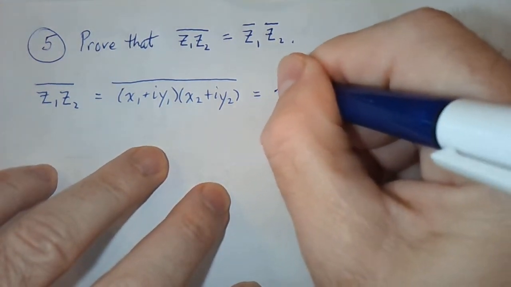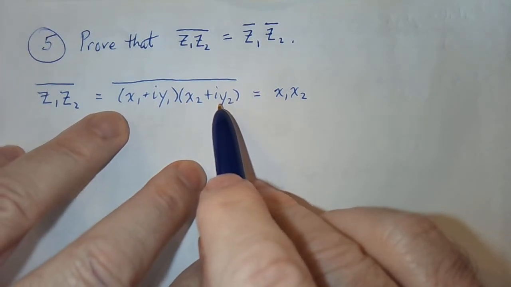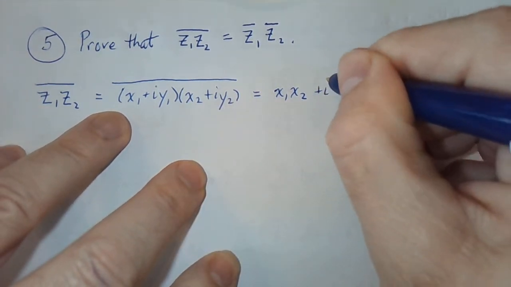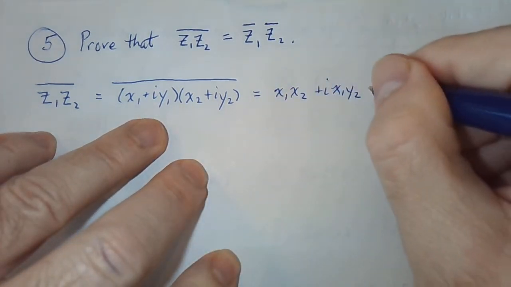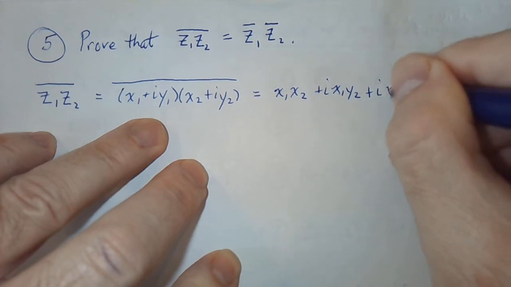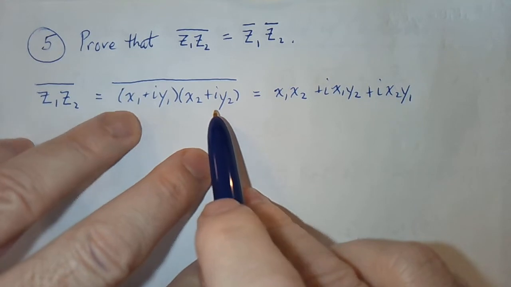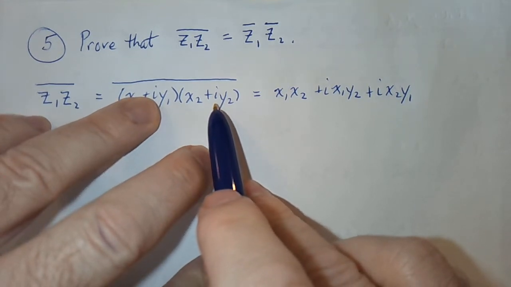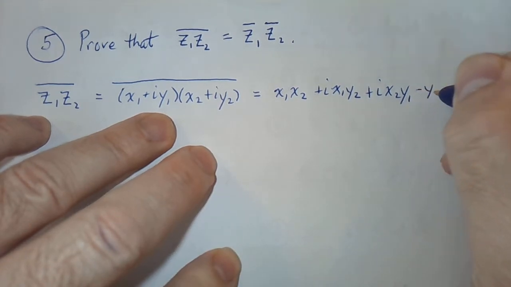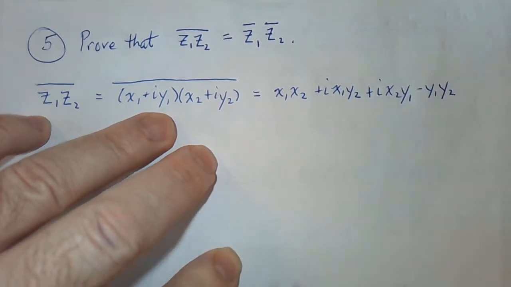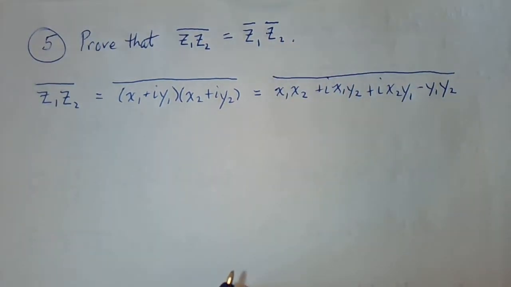That would be x1 x2. Outer would be plus i x1 y2. Inner would be plus i x2 y1. And then the last. What is the last? Well, we have an i times i, which is negative 1, and then y1 y2. So we have minus y1 y2. And then we have all of that with a complex conjugate bar.